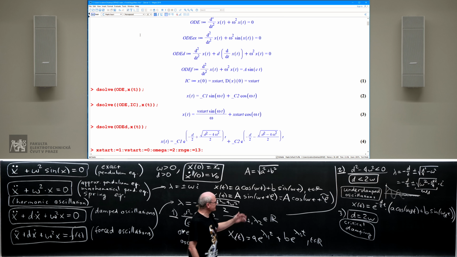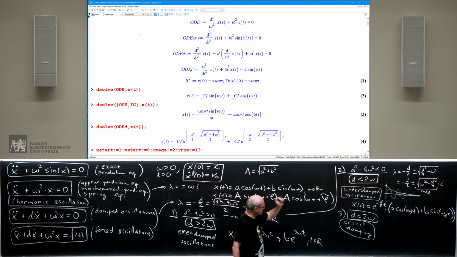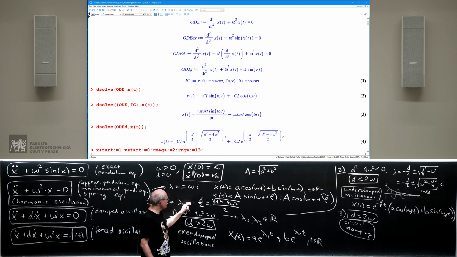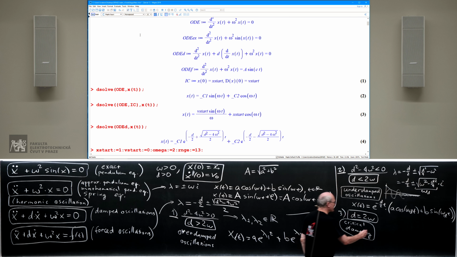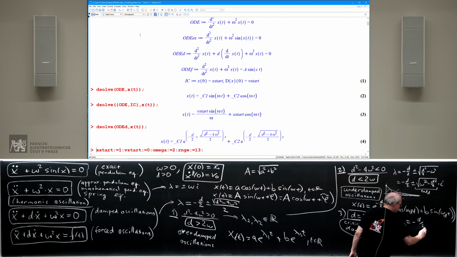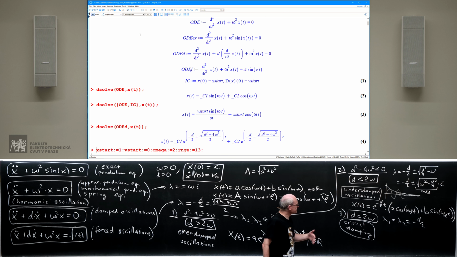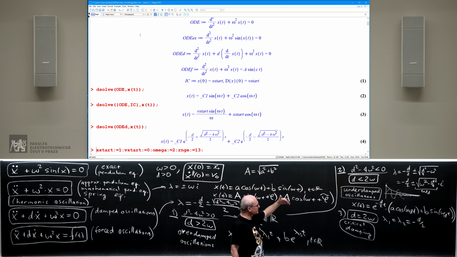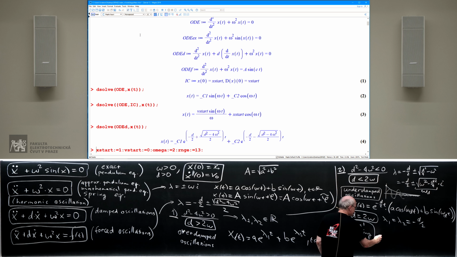It's a damped movement. When you have a critical damping, then this lambda is actually a root of multiplicity 2. This term becomes 0. Lambda 1 is equal to lambda 2 is equal to negative d over 2. And for that case, we know how things work. We have to introduce some linear term into the game, and the solution looks like this.